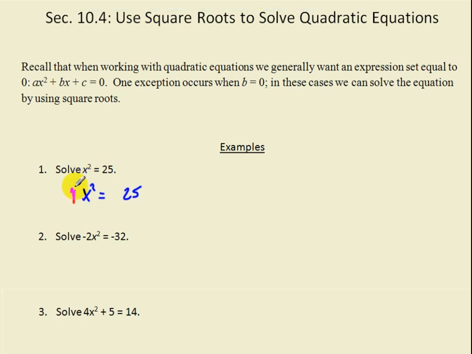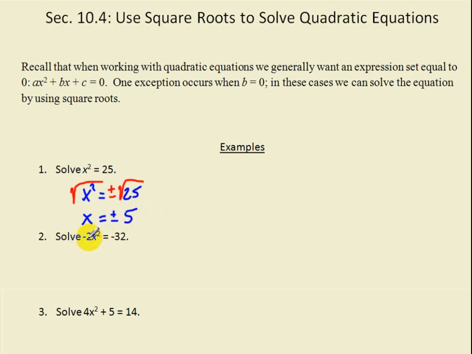So to get x by itself, we take the square root of x squared, and then the square root of 25. Now remember though that 25 has two square roots, a positive and a negative. So we want plus or minus the square root of 25. And so we end up with x by itself, because the square root undoes the squaring, equals plus or minus, and then the square root of 25 is 5.